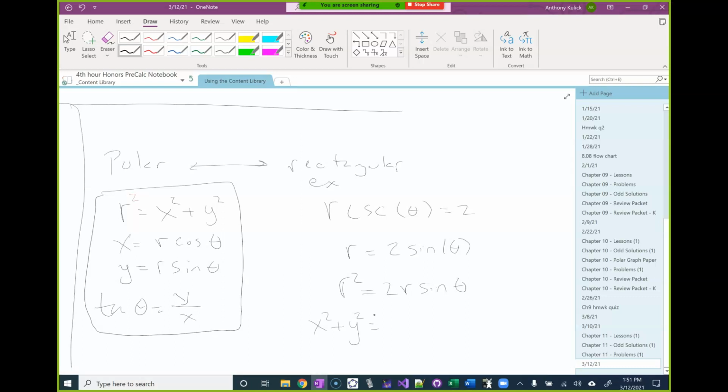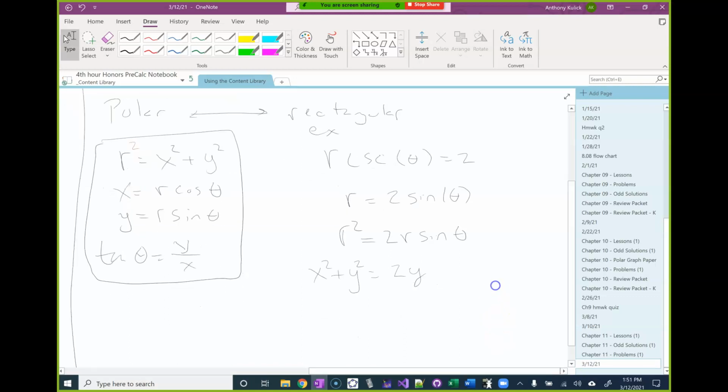Are we okay with that? Okay. Similarly, I notice I have an r sine theta, so I can use that to get rid of this r sine theta and replace it with a y. Now I've gotten rid of all of my r's and thetas.